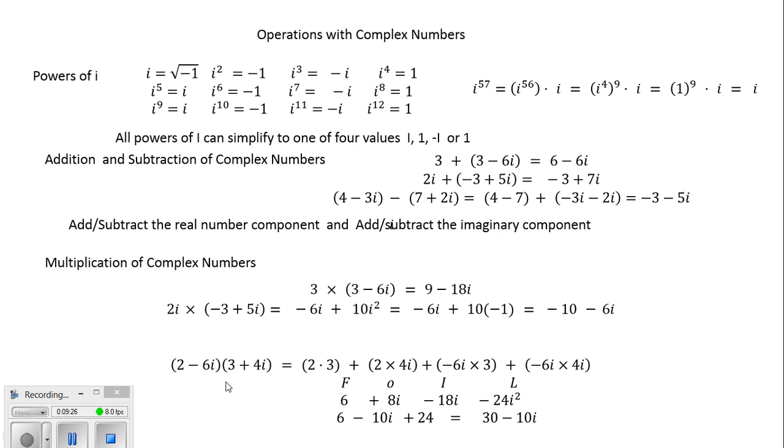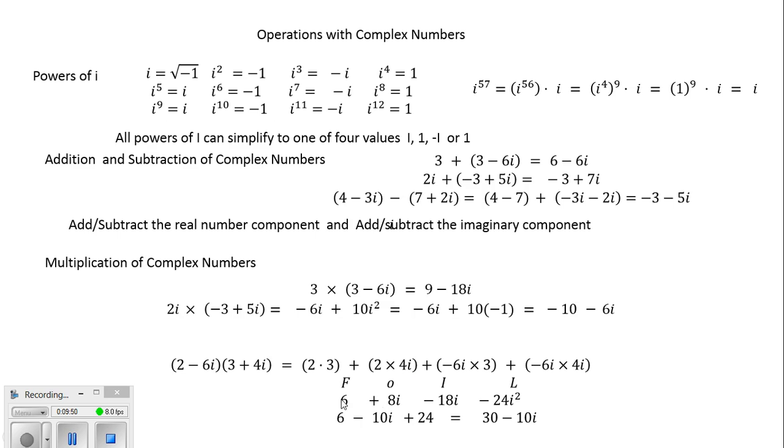The product of two complex numbers is done via the FOIL method. That's outlined down here: first, outer, inner, last. First with the first, 2 times 3, as you see, 6. Outside, 2 times 4i is, of course, 8i.